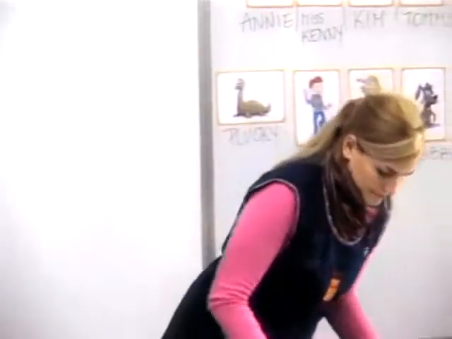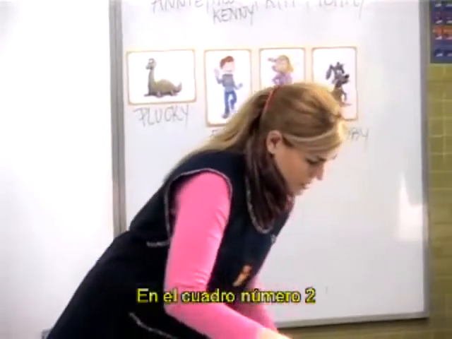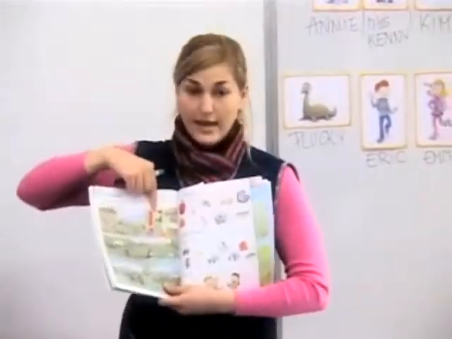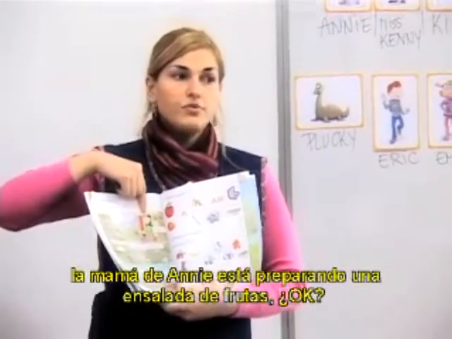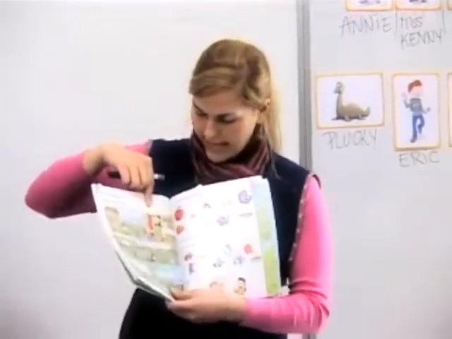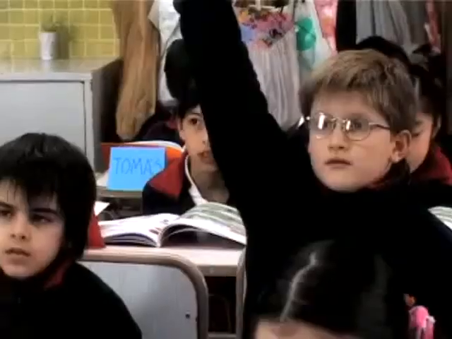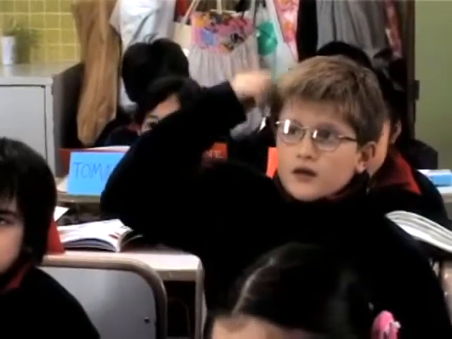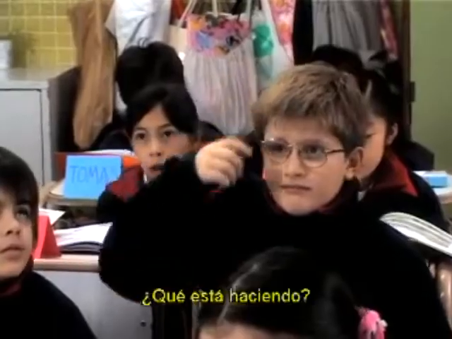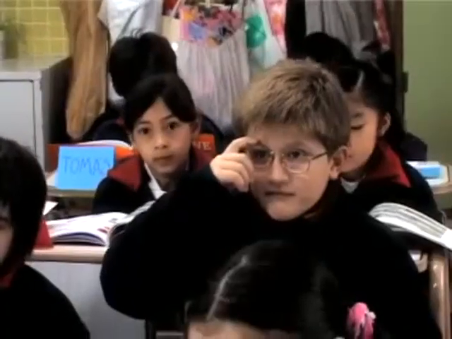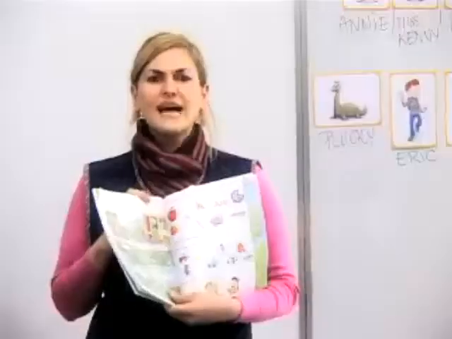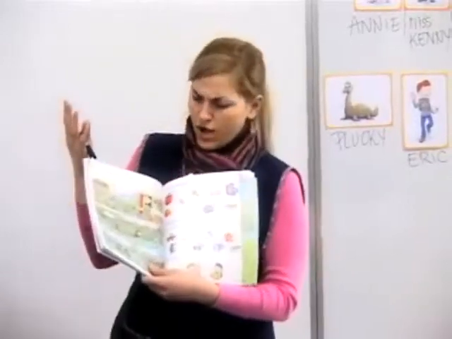But then there's another difference. Look at this. In picture number 2, Annie's mom is preparing a fruit salad, okay? And what is she doing or saying apart from preparing the fruit salad? Sí. What is she doing? ¿Qué está haciendo? Pensando. ¿Y cómo te das cuenta que está pensando Annie's mom?